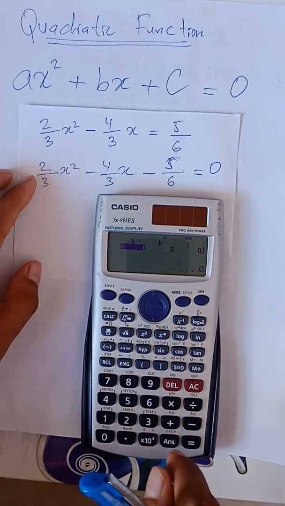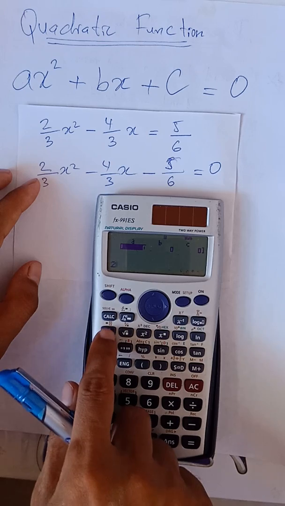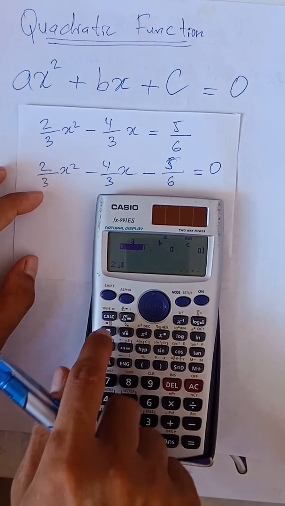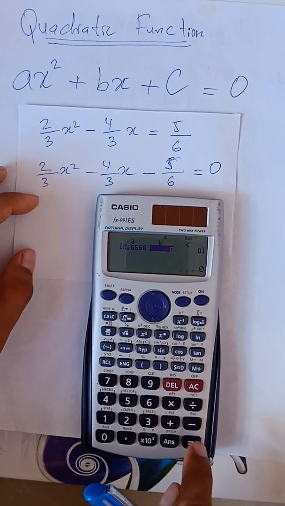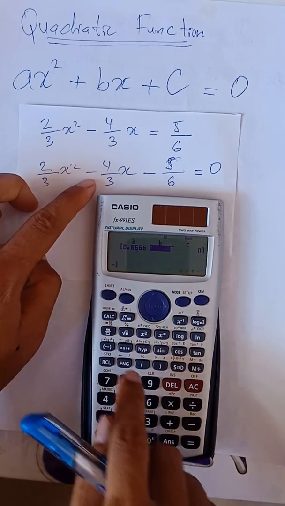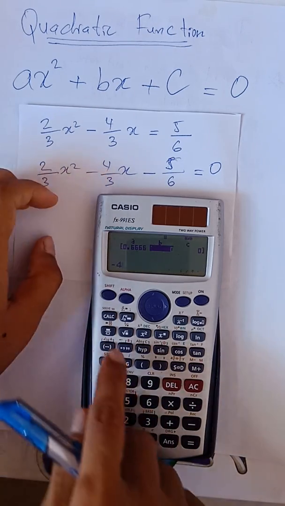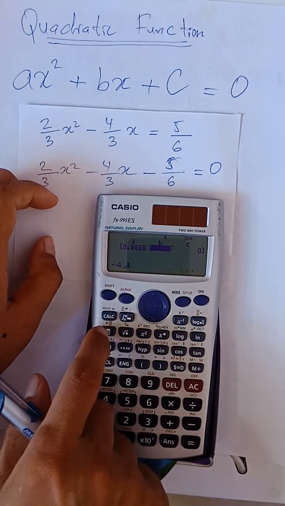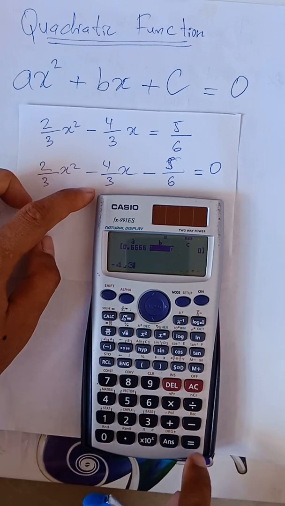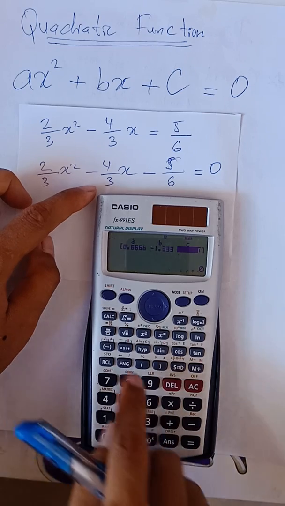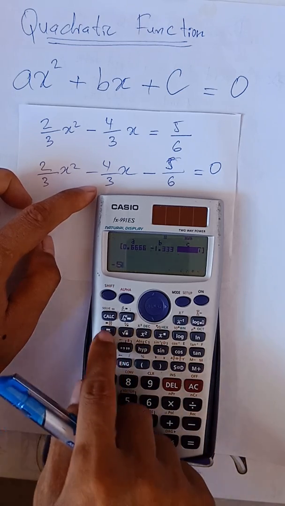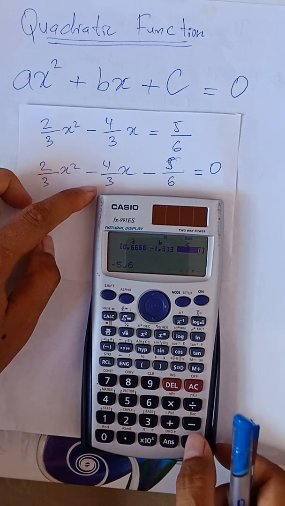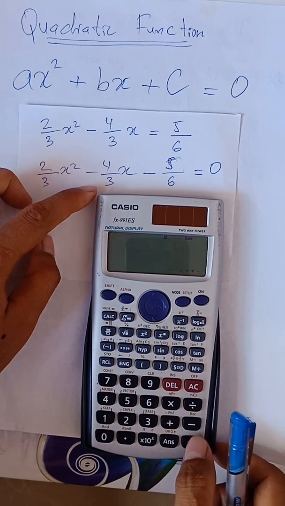Let's begin. You press 2 and press the fraction function, and then 3. Press equal, press minus 4, fraction function, 3, press equal, and then press minus 5, fraction function, 6, press equal again.